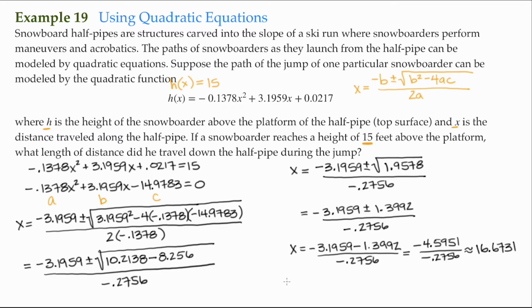But it's also x is equal to negative 3.1959 plus 1.3992. Don't forget we're using that shortcut. That's all over negative 0.2756.